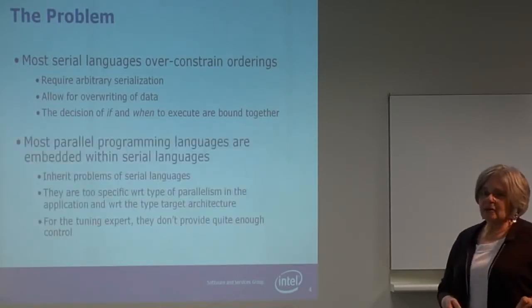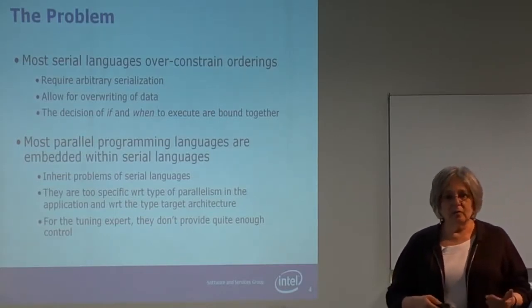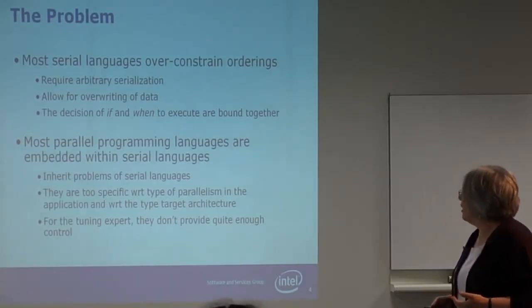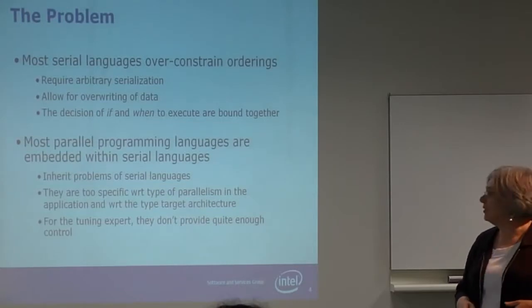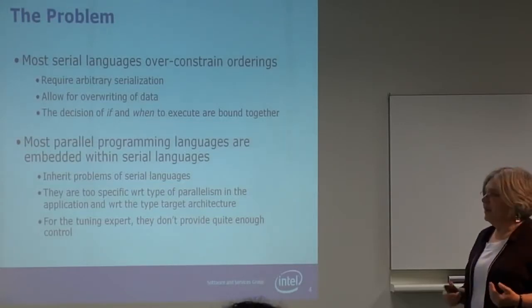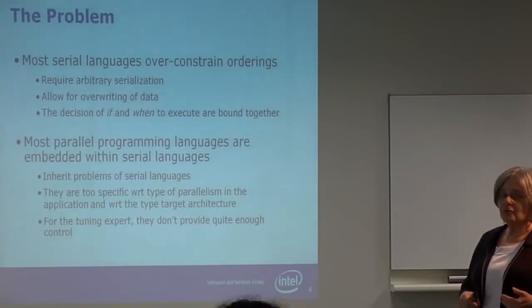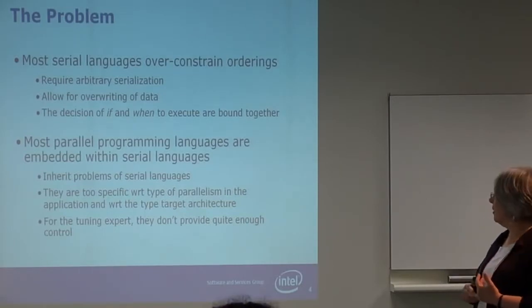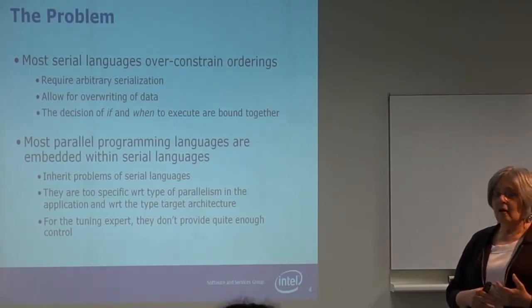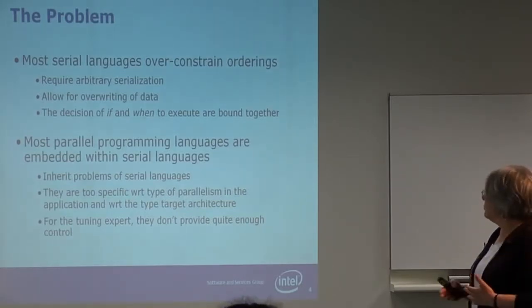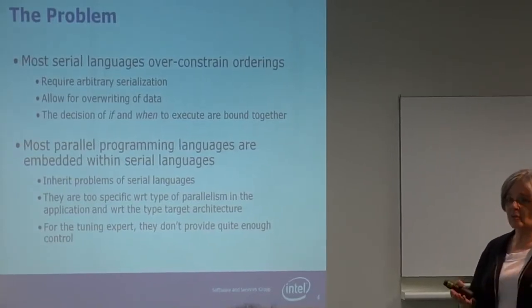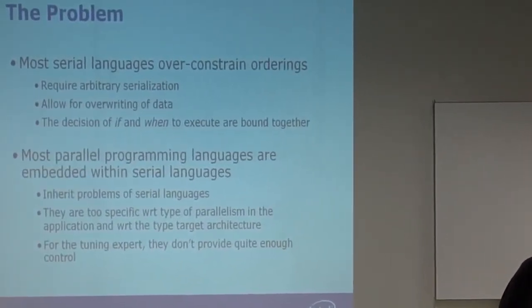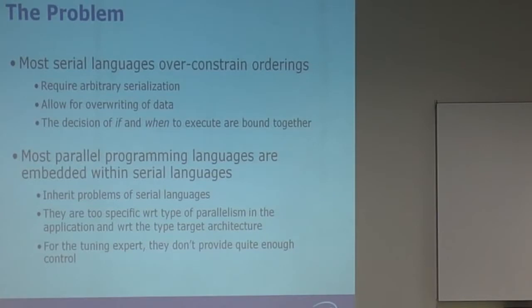So most parallel languages are embedded within these serial languages, so they inherit all the problems of the serial languages. And then in addition, they are also over-constrained in a couple of ways. One is that they're too specific with respect to the type of parallelism. Maybe data parallelism is what they do, or fork-join parallelism is what they do.